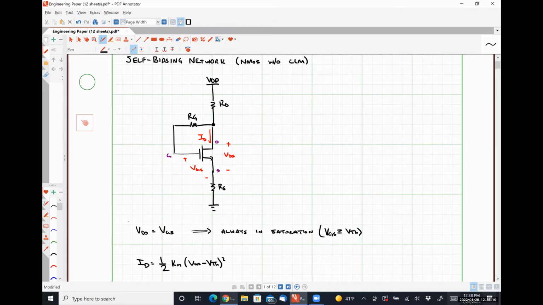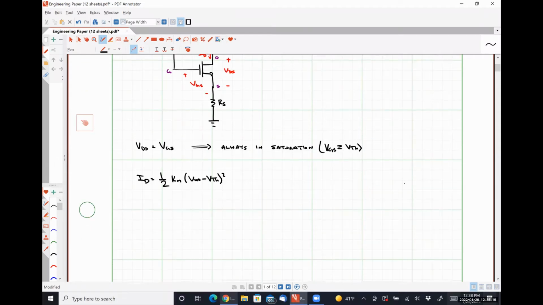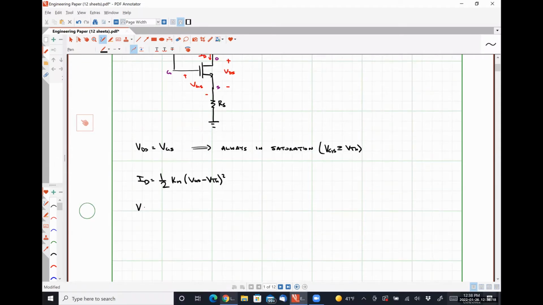Since RD and RS both have a current of ID flowing through them, this gives us VGS is equal to VDD minus RD plus RS times ID.